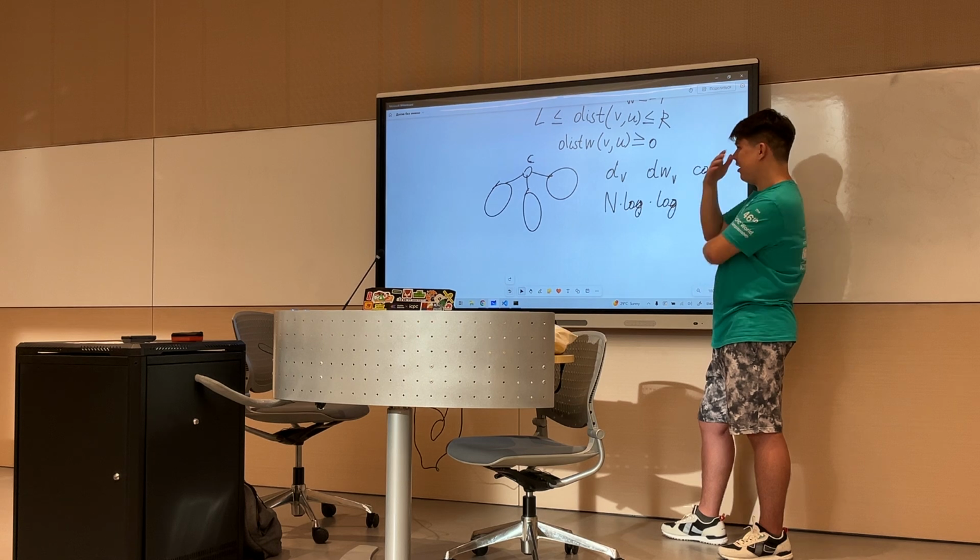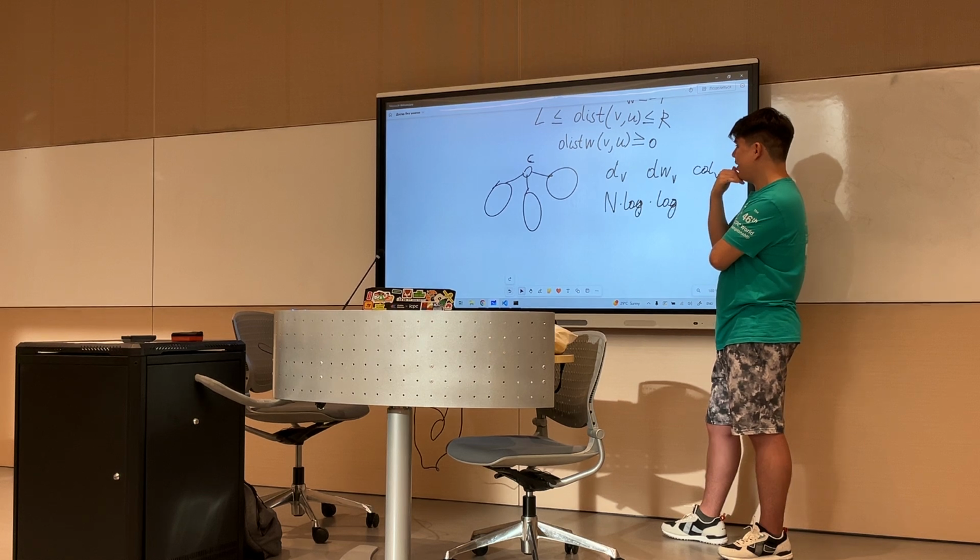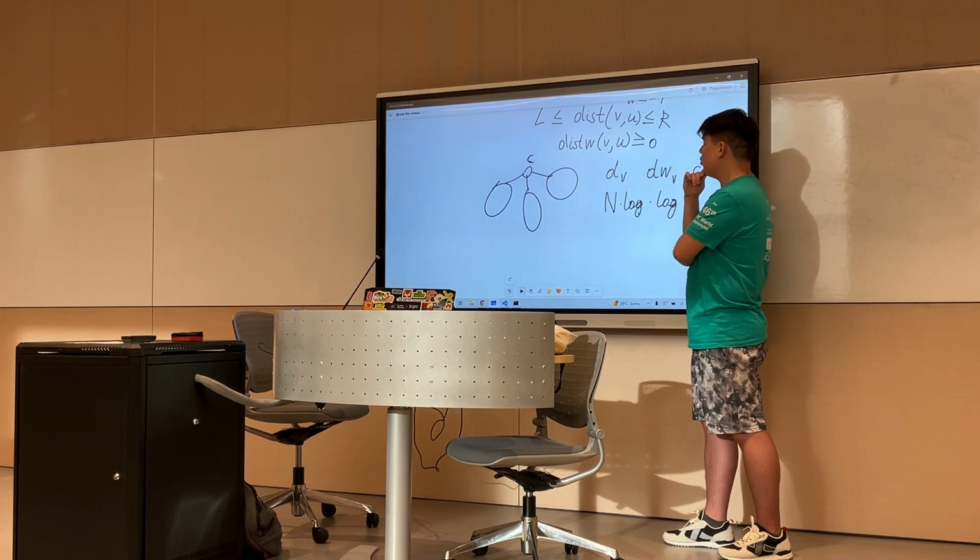But actually, yes, that is the idea of the problem. I looked at the code of many users, and I cannot find a solution in linear time. Most of them solved this problem with a segment tree.